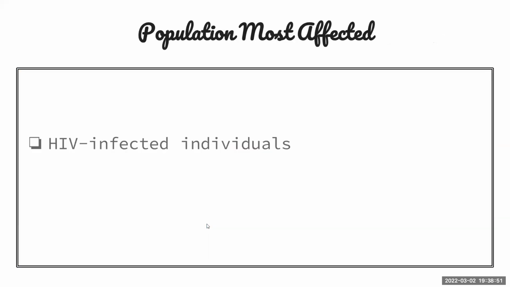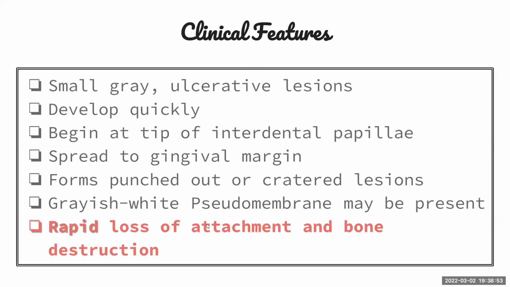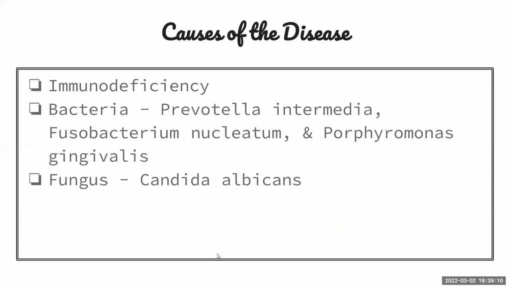Mainly seen in HIV infected individuals. With NUP, you've got a rapid loss of attachment as well as bone destruction. Causes: immunodeficiency, P. gingivalis, Fusobacterium, P. intermedia.